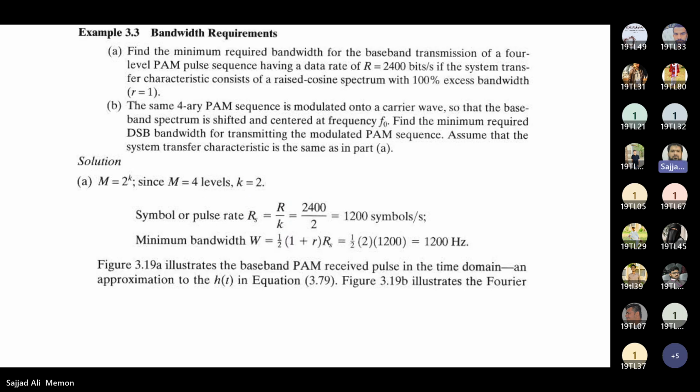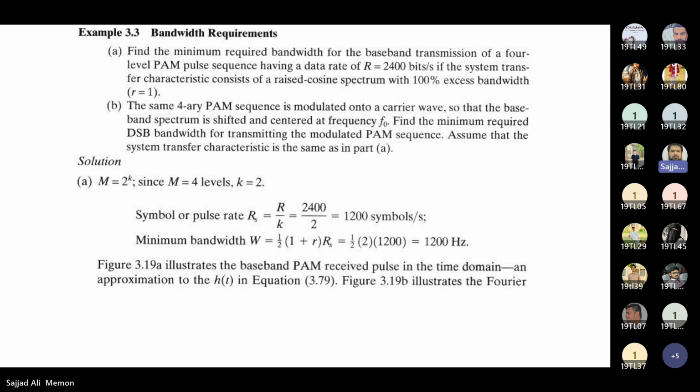Then we have an example that says: find the minimum required bandwidth for the baseband transmission of a 4-level PAM pulse sequence having a data rate of this, if the system transfer characteristic consists of a raised cosine spectrum with 100% excess bandwidth. And B is also something that they ask. Solutions are there.